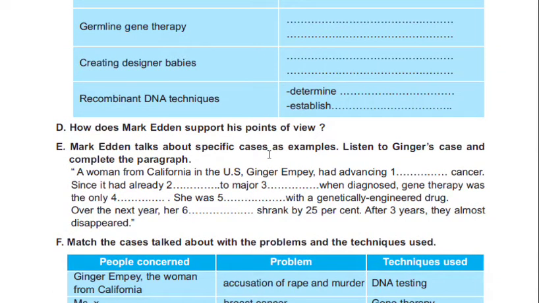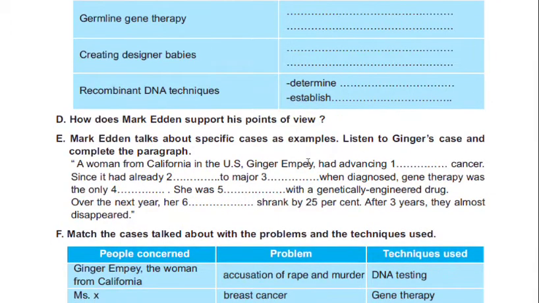But he also used examples, real life examples. He gave the example in the beginning of Ginger MP, who had breast cancer. That is what I'm talking about in task E. And he also used the example of 4 black men who were accused of killing a woman.